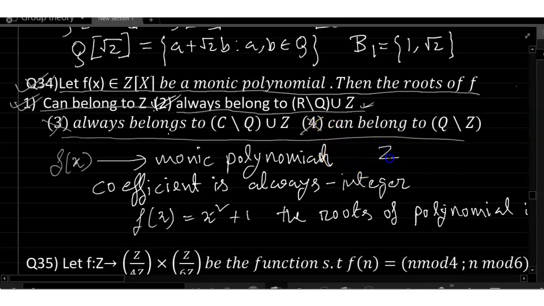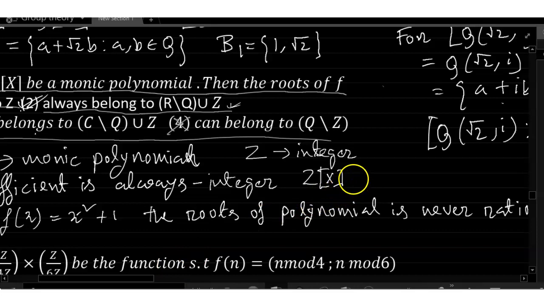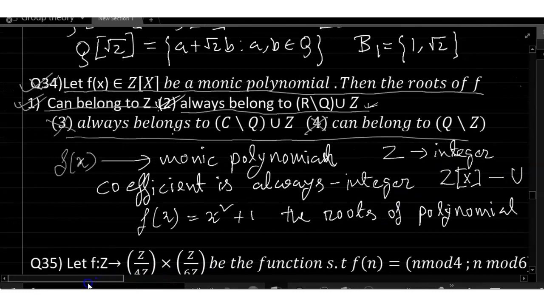As Z is integer, so Zx is a UFD, unique factorization domain.